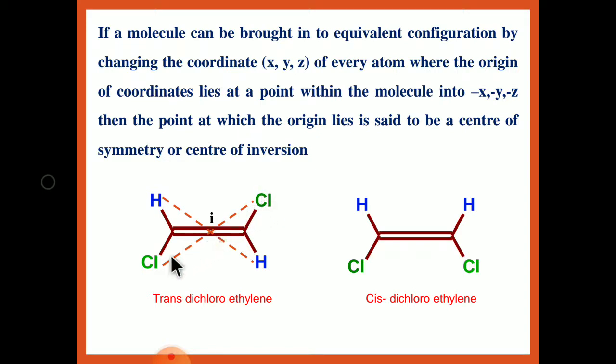So the line is continuously drawn from the first Cl atom to the second Cl atom, and the distance from the center to the two chlorine atoms is exactly the same. Therefore we can say that these two Cl atoms are oppositely situated in the molecular structure of trans dichloroethylene.